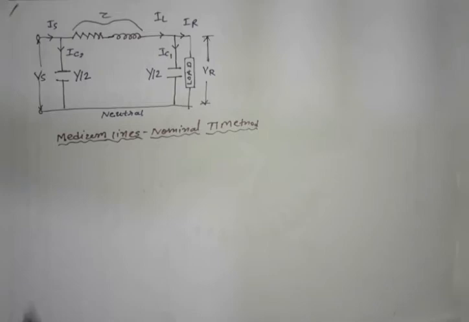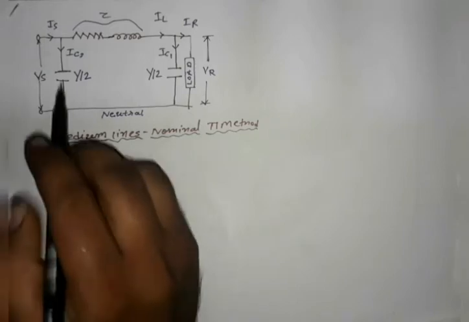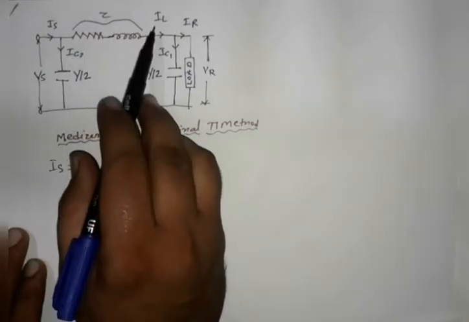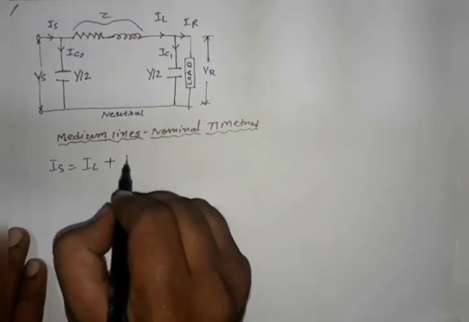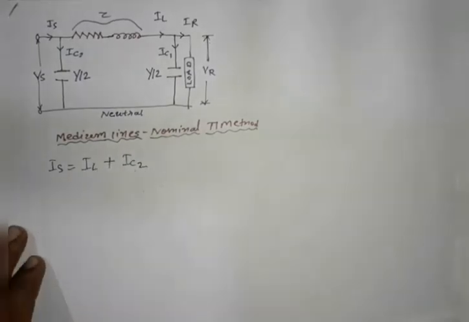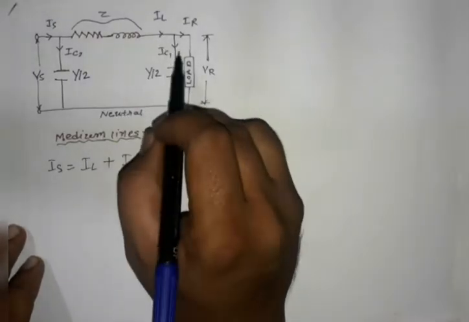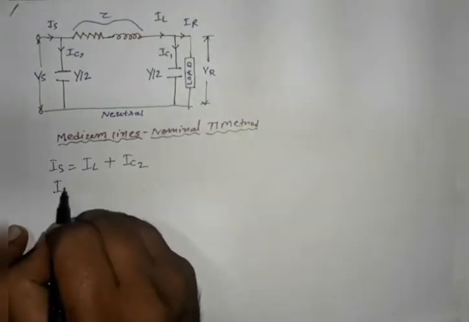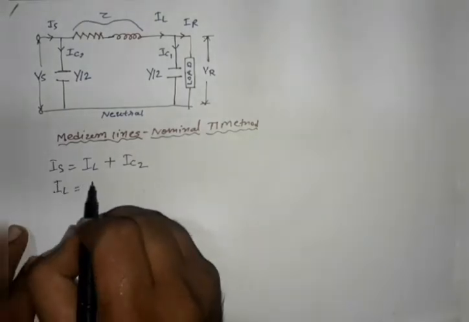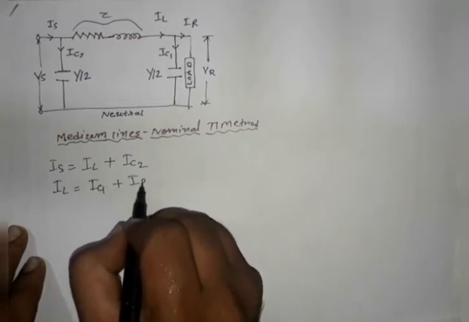We see that Is is equal to IL plus IC2. Now the current IL is equal to IC1 plus IR.